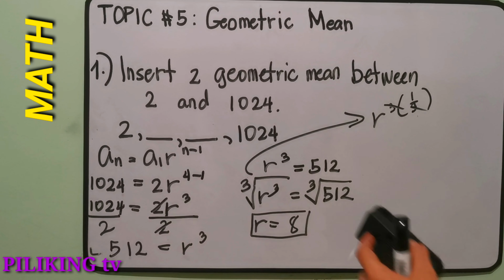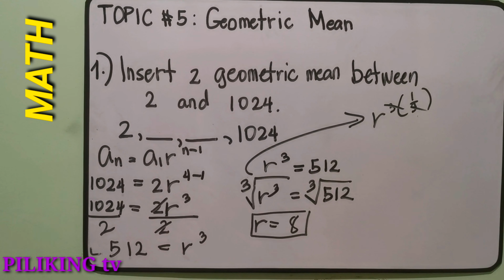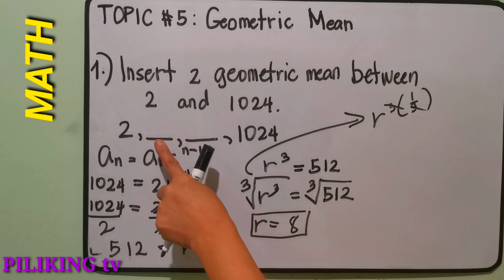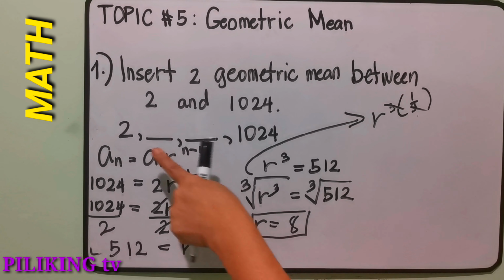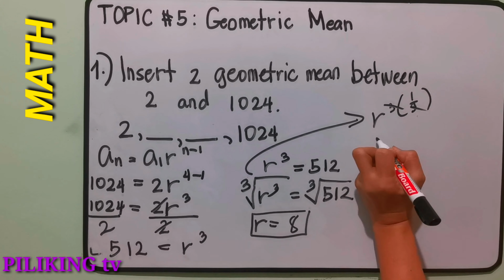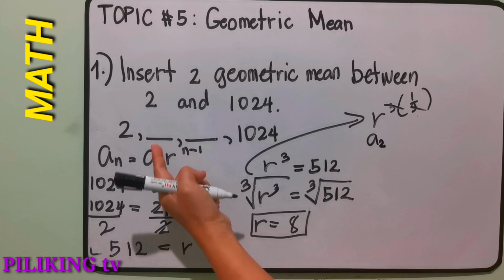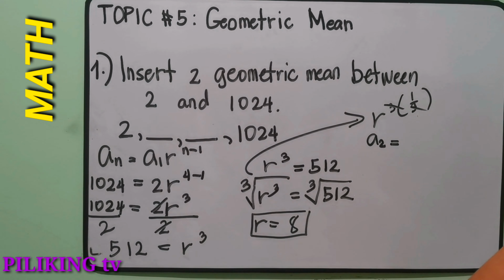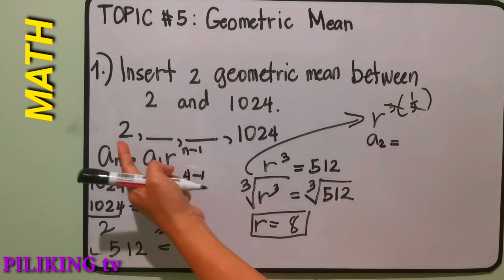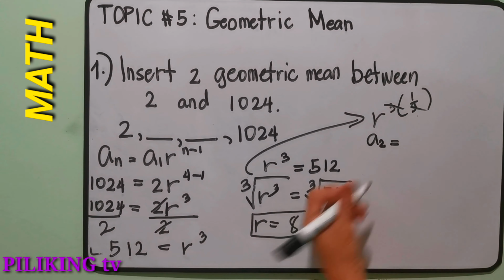Okay, now, can we get now the two geometric means? How are we going to get the two geometric means since you know already the value of r, or the common ratio? So let us now get the second term. So a sub 2, that is the second term, is equal to, again, how do we get the second term? By multiplying the first term to the common ratio.